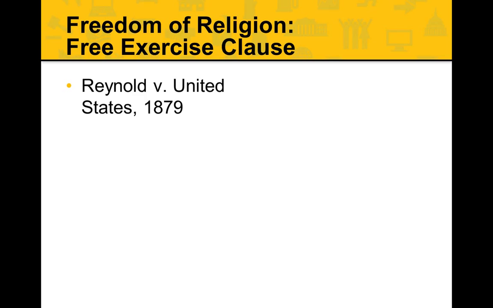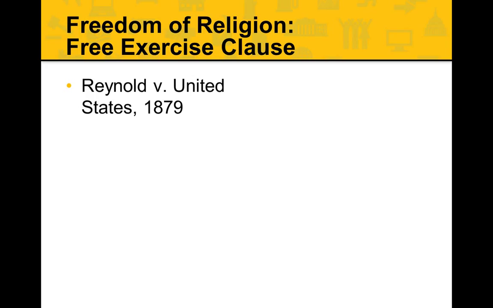The Supreme Court has never interpreted the phrase of freedom of religion to protect any conduct carried out in the name of religion. So, for example, in 1879, the Supreme Court ruled that polygamy could be outlawed by Congress in the Utah Territory, even though some Mormons argued that it was part of their religious faith.